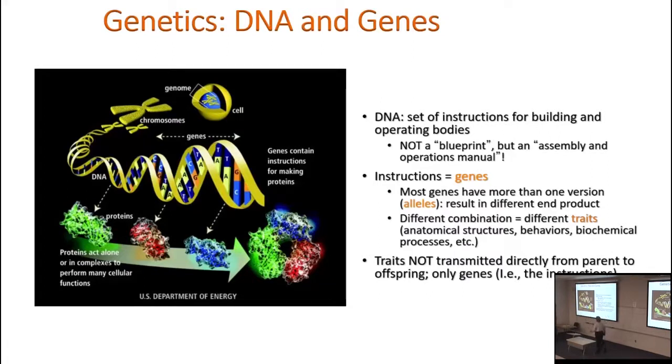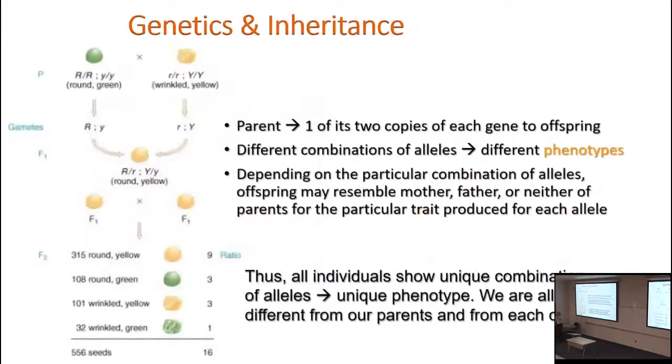Consequently, as a result, because each parent gives one of its two copies of each gene to its offspring, the offspring might wind up with a different combination of alleles than either parent. So, each combination of alleles might look different.